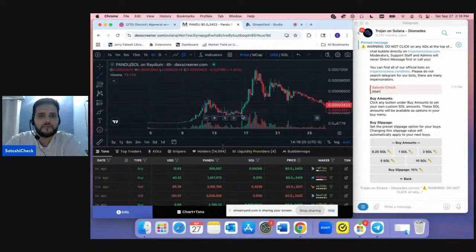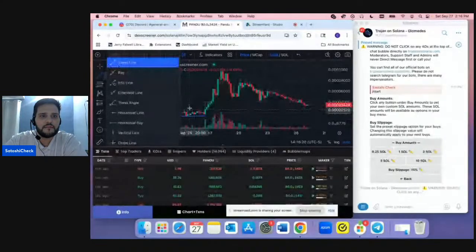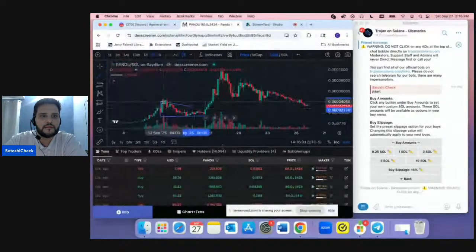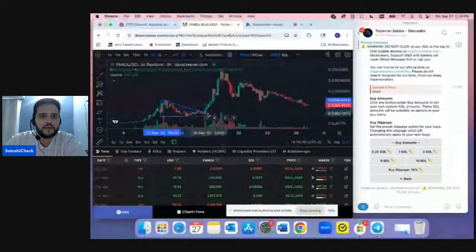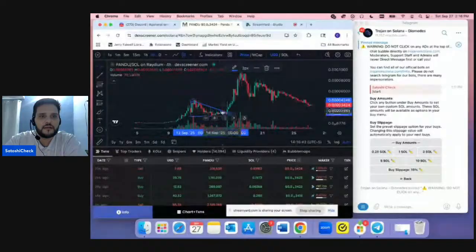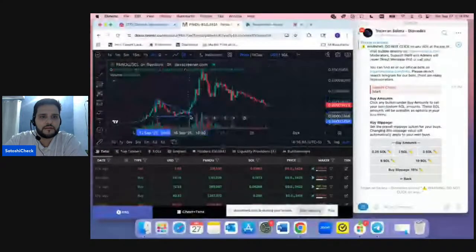Reset chart view. You can see this here with any of these. Bam, just about that right there. There we go, so now you can see this better.